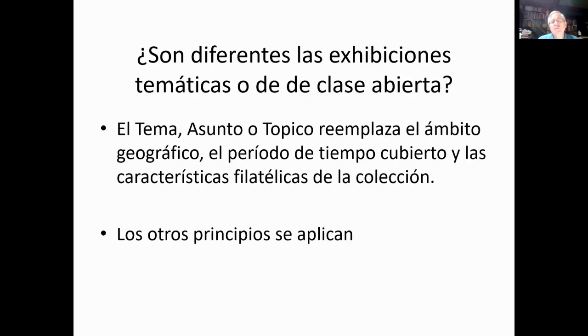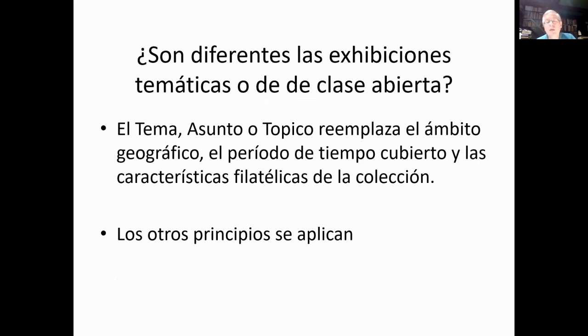Next. Now, I mentioned earlier that I wasn't really going to say much about thematic or display exhibits, and that's true. Now, are thematic and display exhibits really that different? Well, no, not really. The same basic need for clarity in the title is exactly the same as for postal history and for traditional.